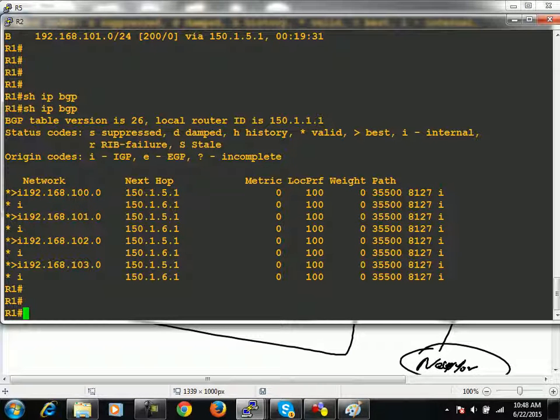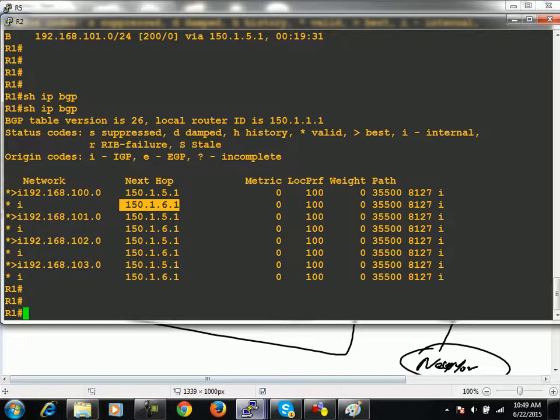Then the second is the next hop address. For R5, its next hop is the loopback of R5. For R6, its next hop is the loopback of R6, because I have configured the next-hop-self command on R5 as well as R6 for their neighbor R1. Validity is based on the next hop. Sometimes it is not like that; I'll let you know later in which conditions it will not be valid.